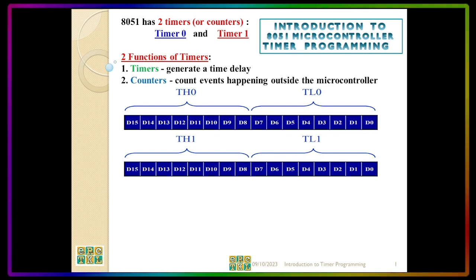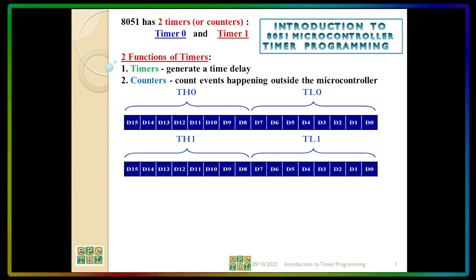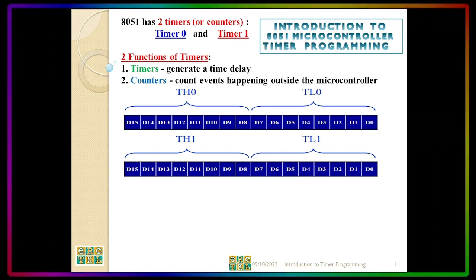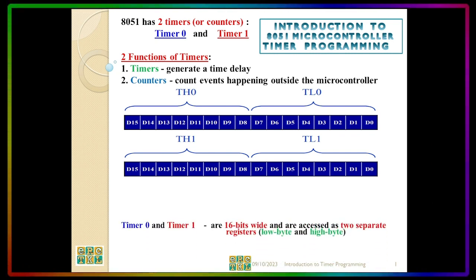Half of these, 8 bits, belong to the low byte of timer 0 or timer 1, which we call TL0 and TL1. The other half, 8 bits, belong to the high byte of timer 0 or timer 1, which we call TH0 or TH1.